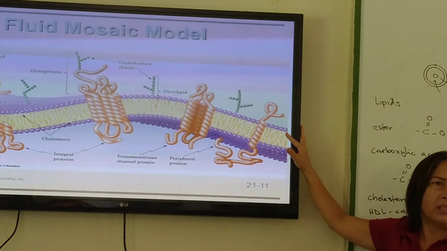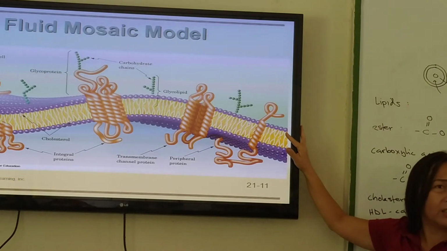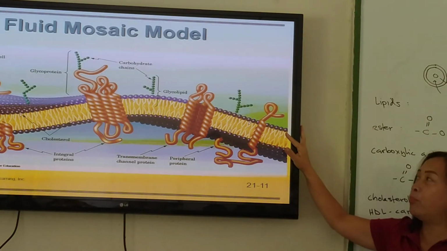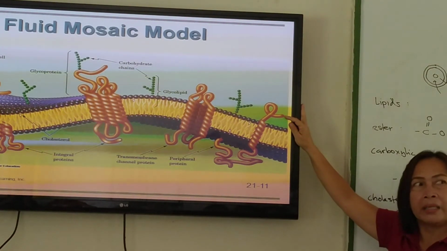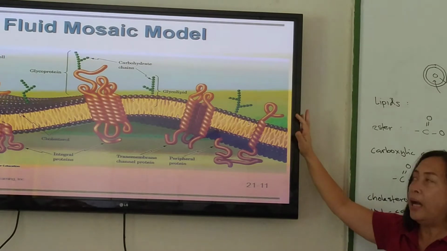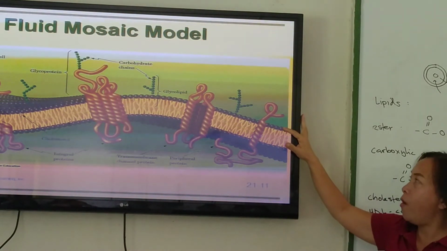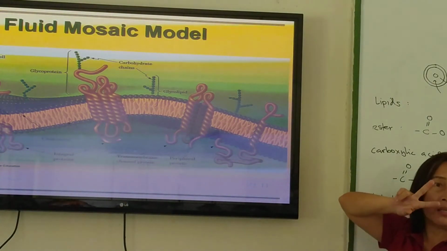Why? Because remember, lipids are insoluble in water. Why are they insoluble again? Because water is polar, lipids are non-polar. Very good. So you have here that the head part is the phosphate and the tail part is the lipid part. So this is the phospholipid. Bi, meaning there are two layers.